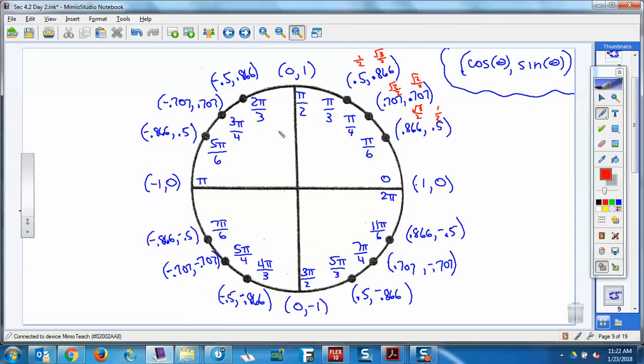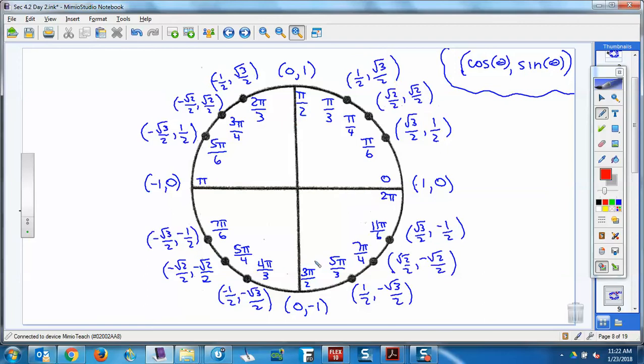Just like the other decimals we said were important to know, like pi halves is 1.57 and pi is 3.14 and 2 pi is 6.28. And this one down here is 4.71. If you take 3 pi and divide it by 2, it's 4.71. So those are nice decimal numbers to know. 3.14, 6.28 are easy, but then these sometimes aren't. So those are some decimals.